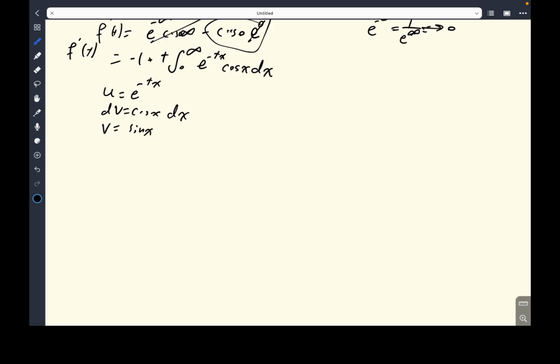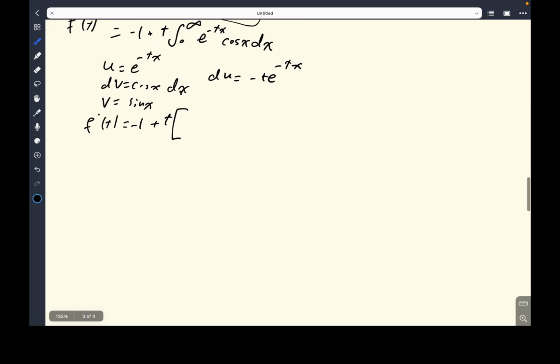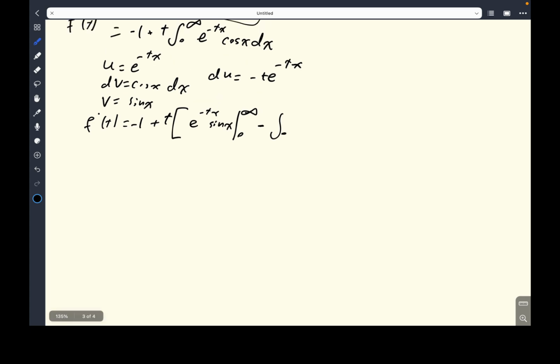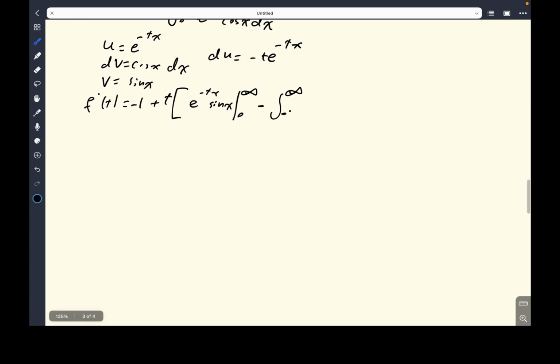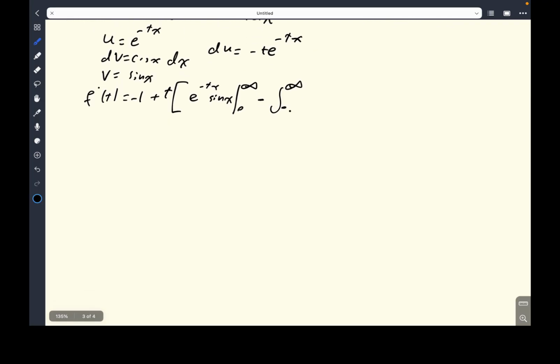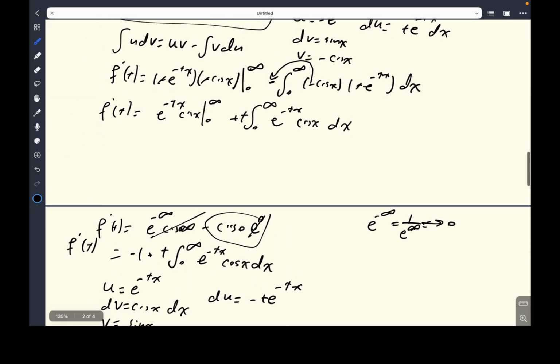Okay, now my du is negative t e to the negative tx. Thus my f prime of t is negative 1 plus t, the whole thing, times e to the negative tx sine x from 0 to infinity, minus the integral from 0 to infinity again of... So it should be v du, sorry.